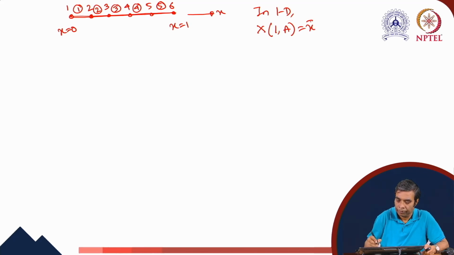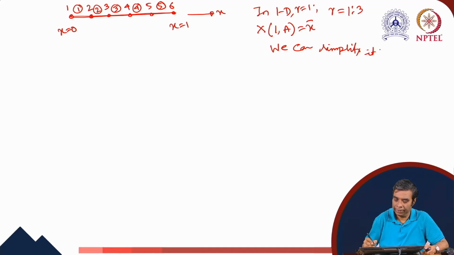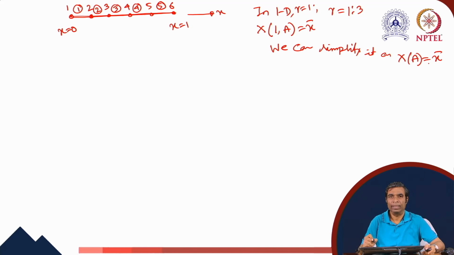So this range or dimensionality varies from 1 to 3. In 1D, r equals to 1. So we can simplify it as a one-dimensional array instead of a two-dimensional array as x of A equals to x bar. Okay, so in one dimension there is only x coordinate, y coordinate we don't have. So x bar equals to x in one dimension because y data is not available.